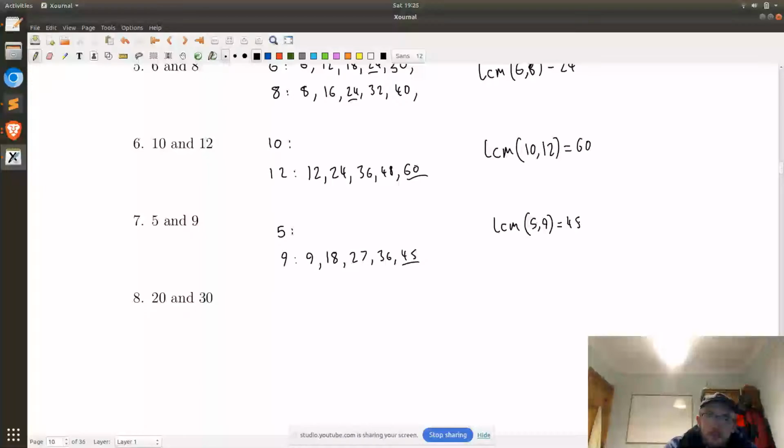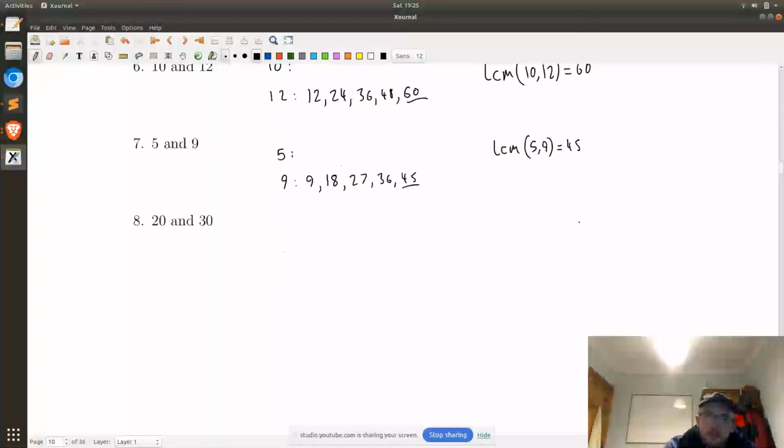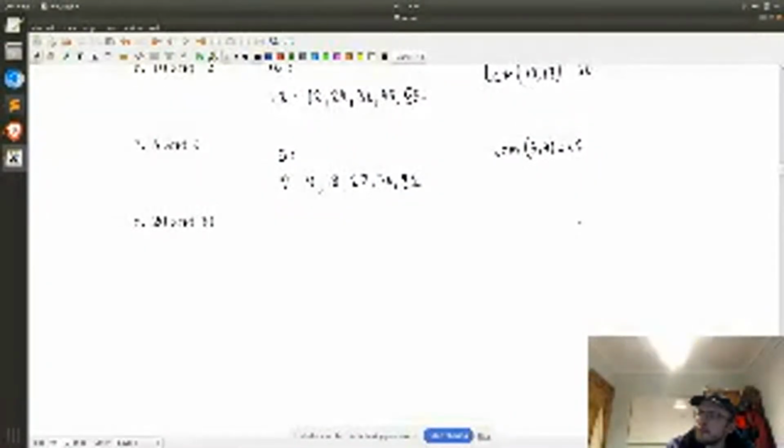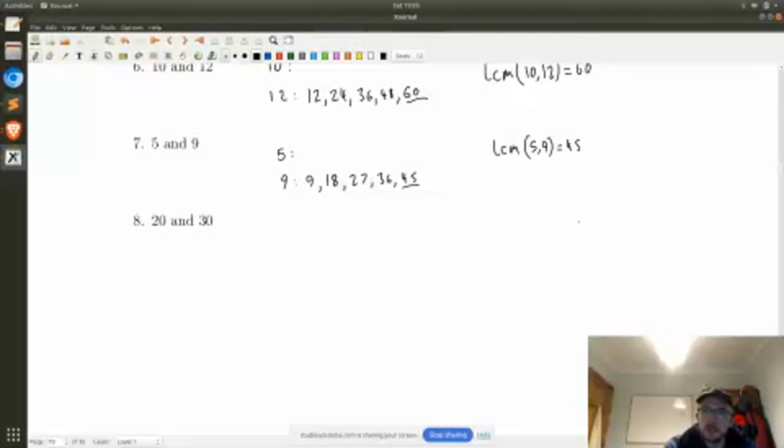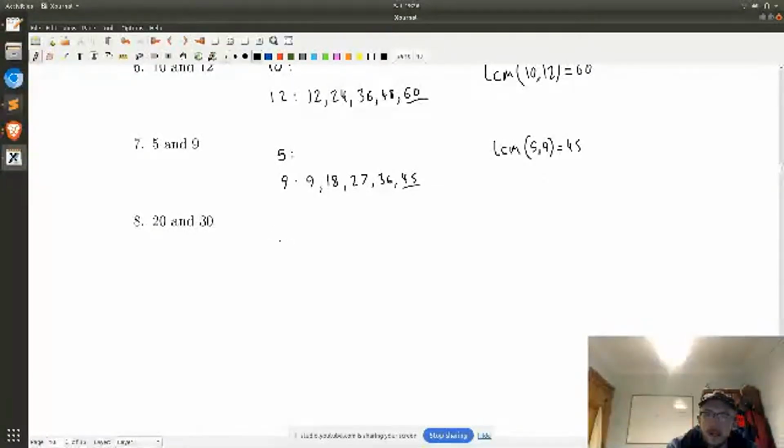For 20 and 30, wait, isn't this basically the same as doing it for 2 and 3? Except everything is 10 times bigger. Everything just has a 0 on the end. And that is indeed right. And for 2 and 3, you should just know straight away that the LCM is 6.